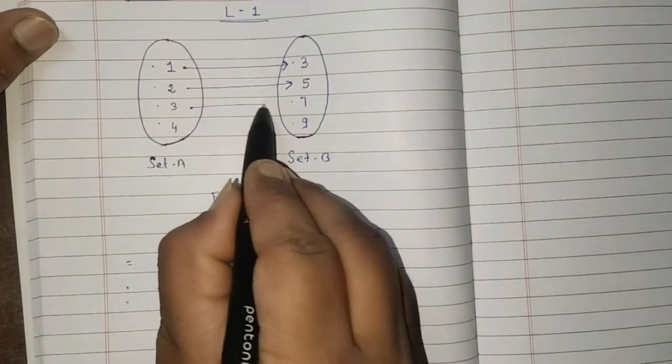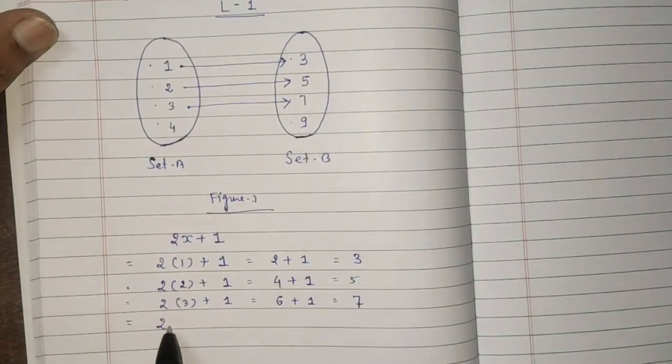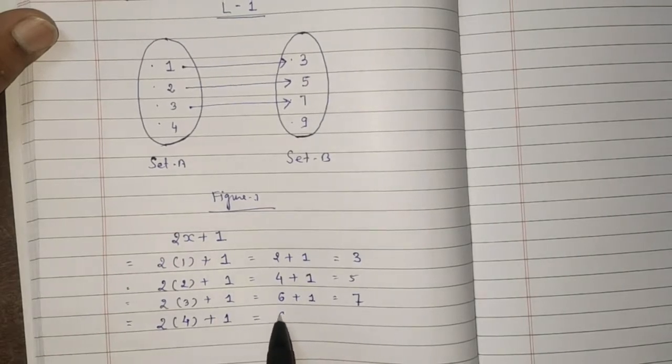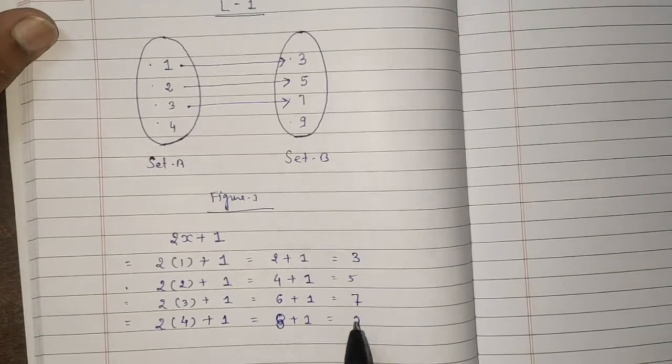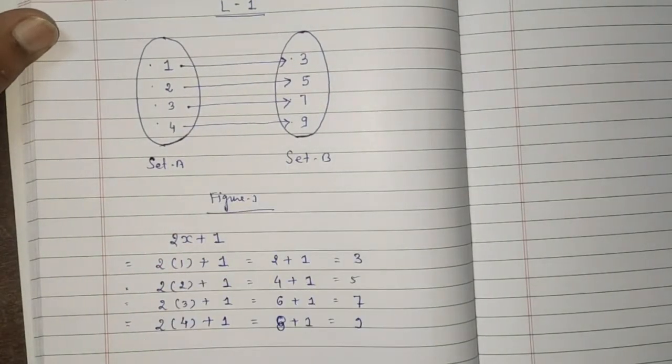So 3 corresponds with 7, and 2 into 4 plus 1 is equal to 8 plus 1, so 9. The element 4 is related with 9.